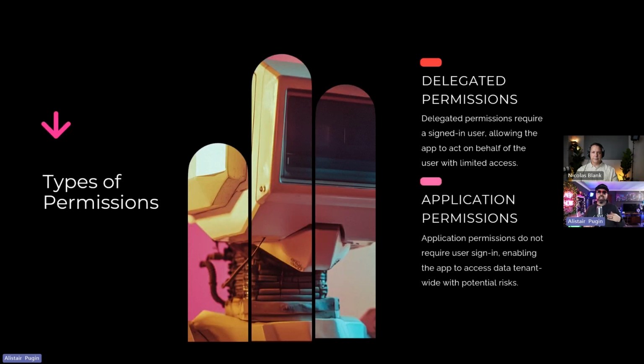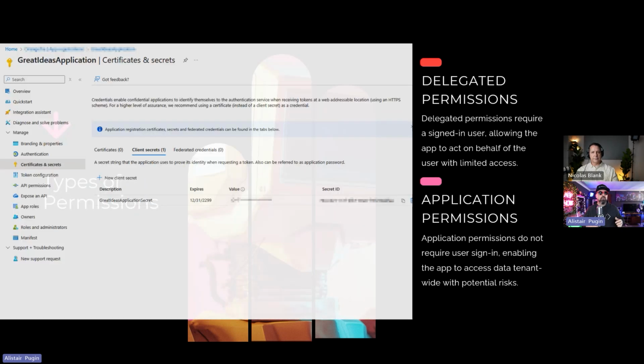When we look at application permissions, they do not require a sign-in, right? The application performs functions as an application. So an application has a specific identity inside of the environment. And when we look at what that looks like, this is another one.